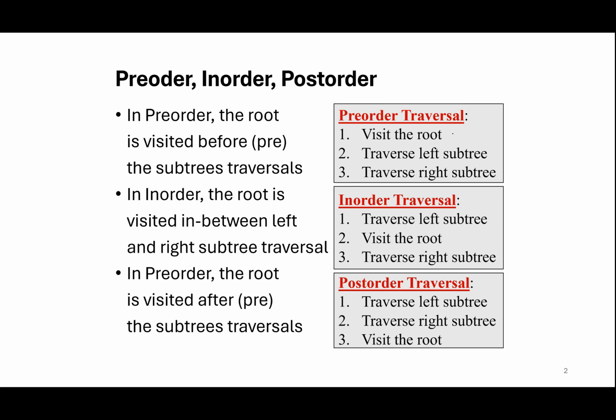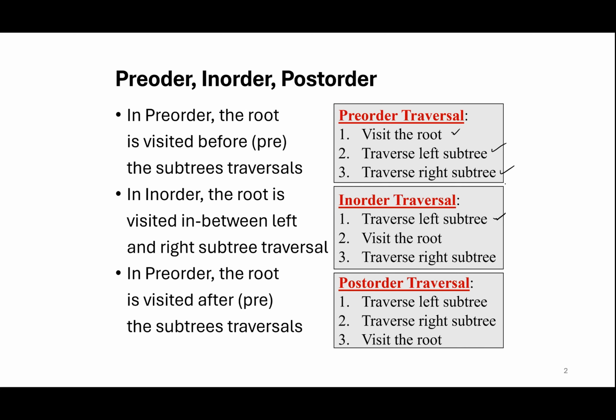In pre-order, we visit the root first, then traverse the left subtree, and then the right subtree. In in-order, we visit the left first. So simple: pre means visit first and then do the rest of the stuff. In order means go left, then visit, then right.